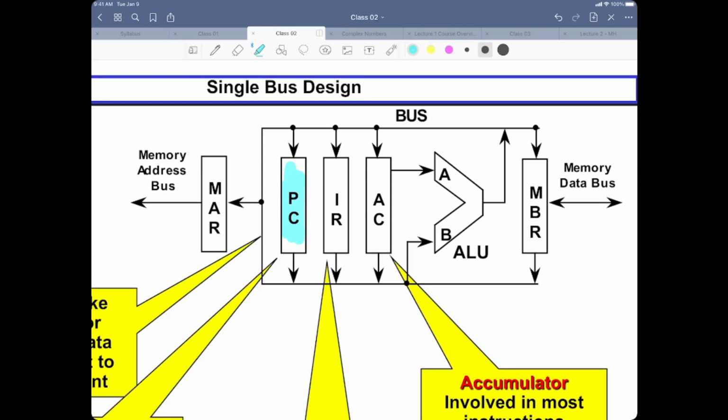Zach needs to find the paper, so he still needs to do a little bit of work to get to the instruction. So the contents of the program counter will first need to move into the memory address register. Through what? Via the bus.